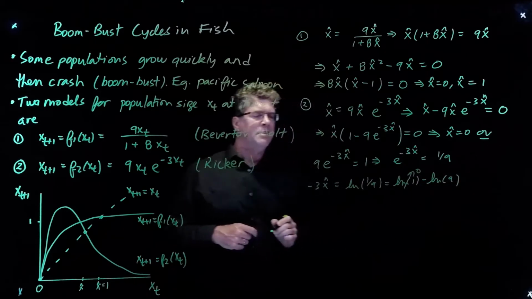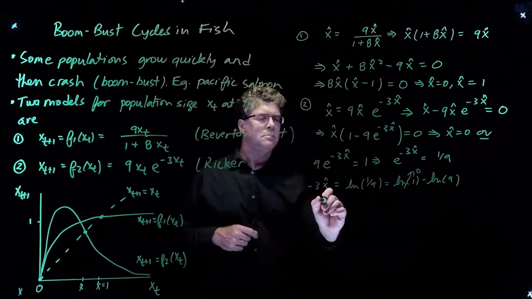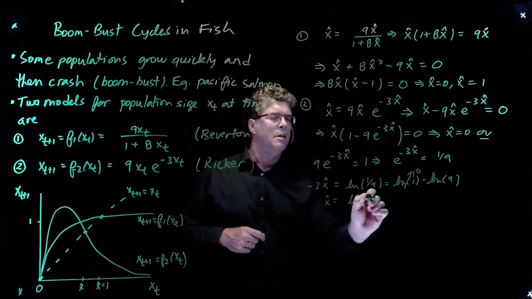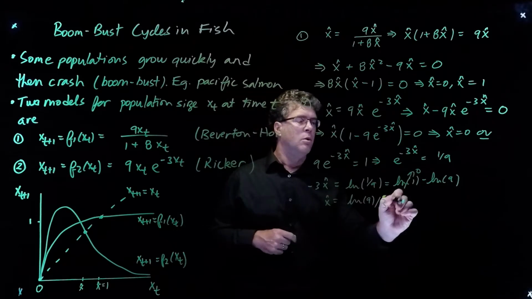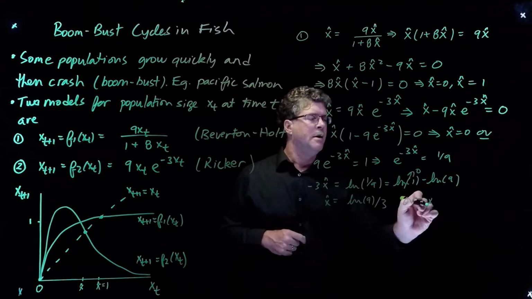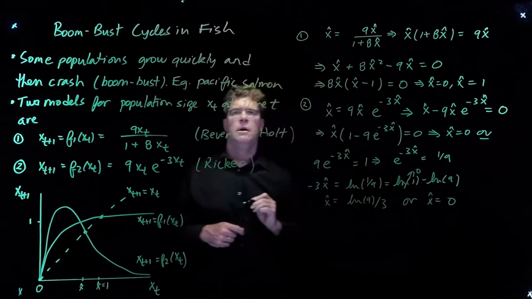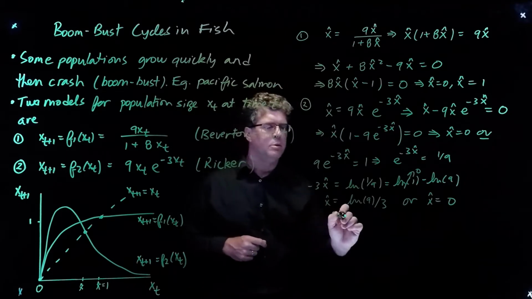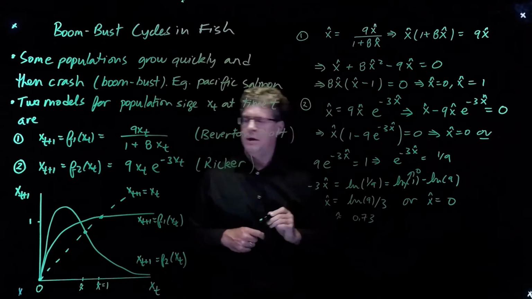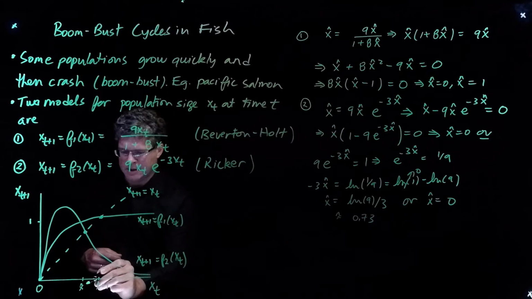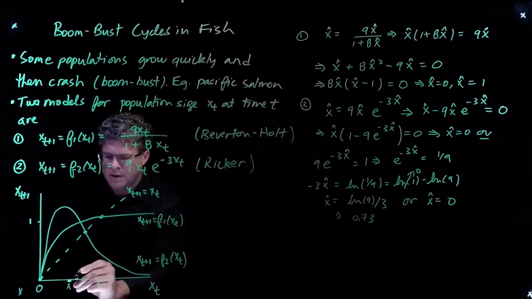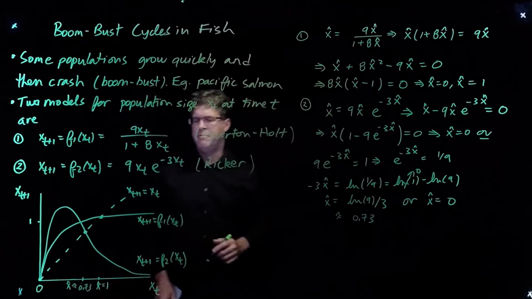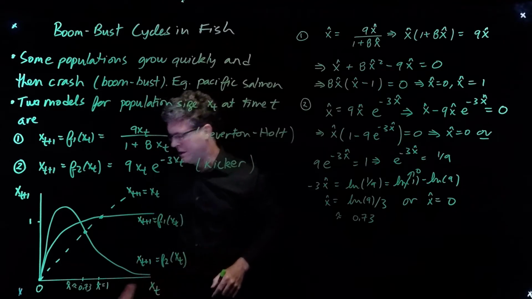The log of 1 is equal to 0. And so we get x hat equals the log of 9 over 3, or our original one, x hat equals 0. The log of 9 over 3 is approximately 0.73, so x hat is approximately 0.73. Notice we have both of the dynamics on the same axes because we want to compare and contrast them.